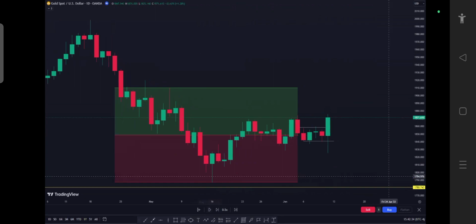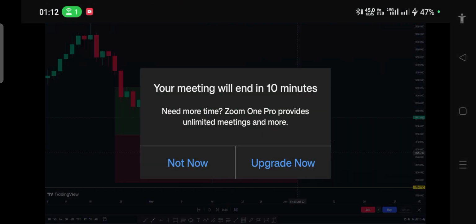Okay, here we are wrong. Price took out this swing low and rejected on a closing basis. So now this candle's high will be validated. But also I want to tell you something.